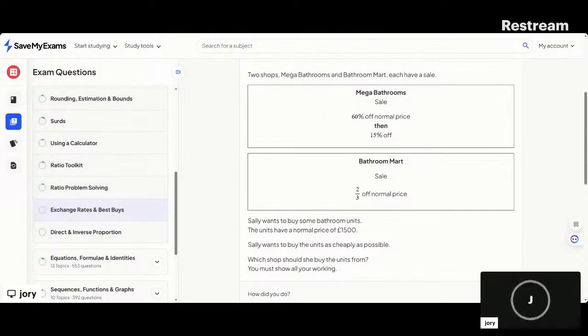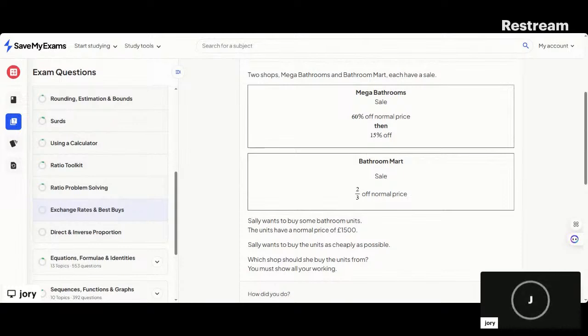And then in Mega Bathrooms, it's 1500 times 0.6 equals 900. So it's 1500 minus 900 equals 600. And then on the 600 you get 15% off.